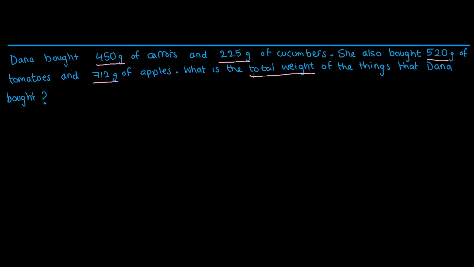When they ask for a total of something, the total journey, the total weight, the total length, etc., you know that there will be an addition. So if we want to find the total weight, we can do 450, 225, 520, and 712.